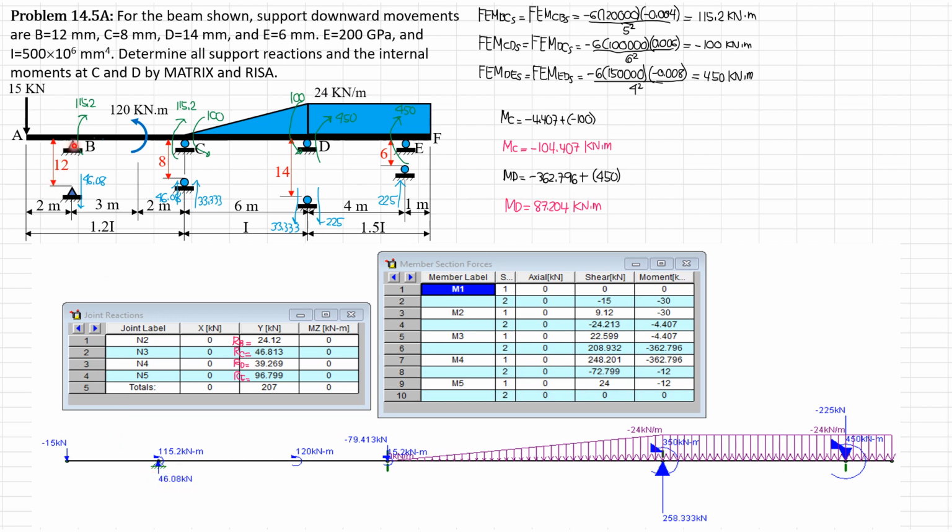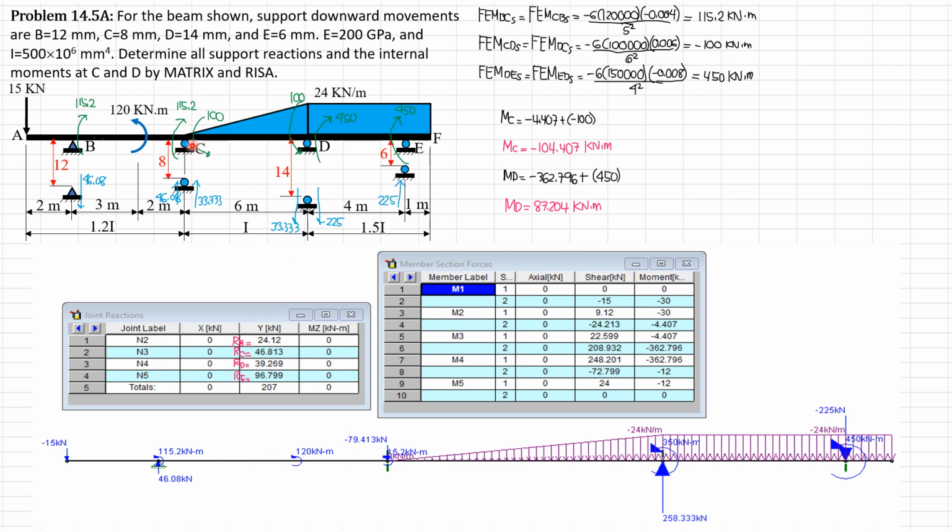Since this is clockwise, the loading in the software should be counterclockwise, 115.2 kilonewton meter. That's positive because in the software counterclockwise rotation is positive.